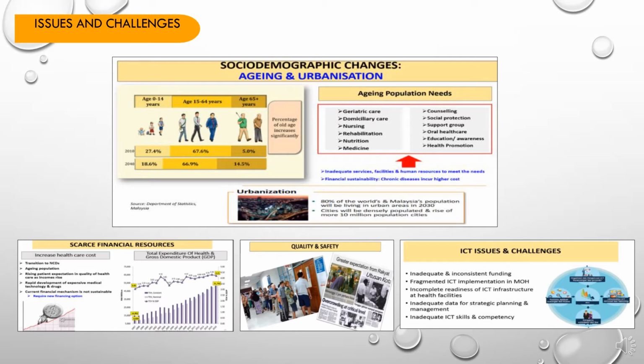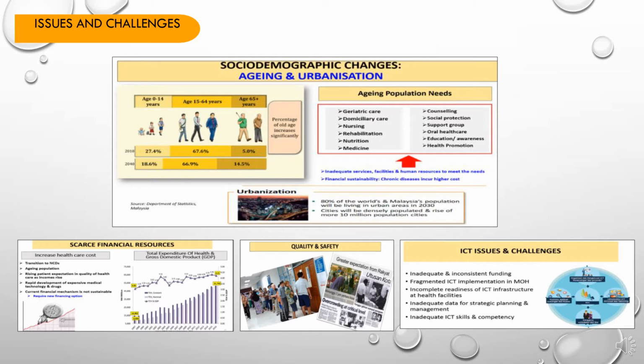So, inadequate services, facilities and human resources to meet the needs and financial sustainability, especially when you have a lot of chronic diseases which will incur high costs. It is estimated that for urbanization, 80% of the world's and Malaysia's population will be living in urban areas in the 2030s.